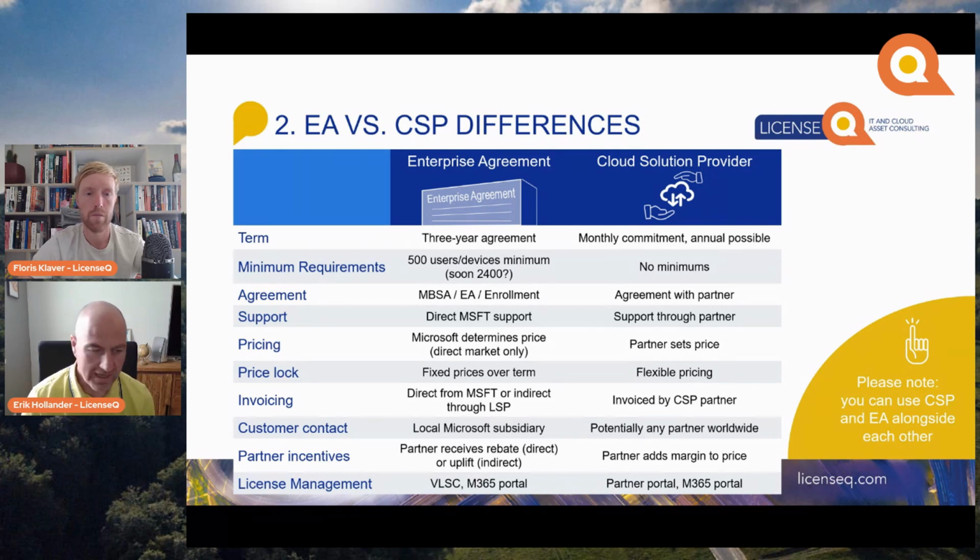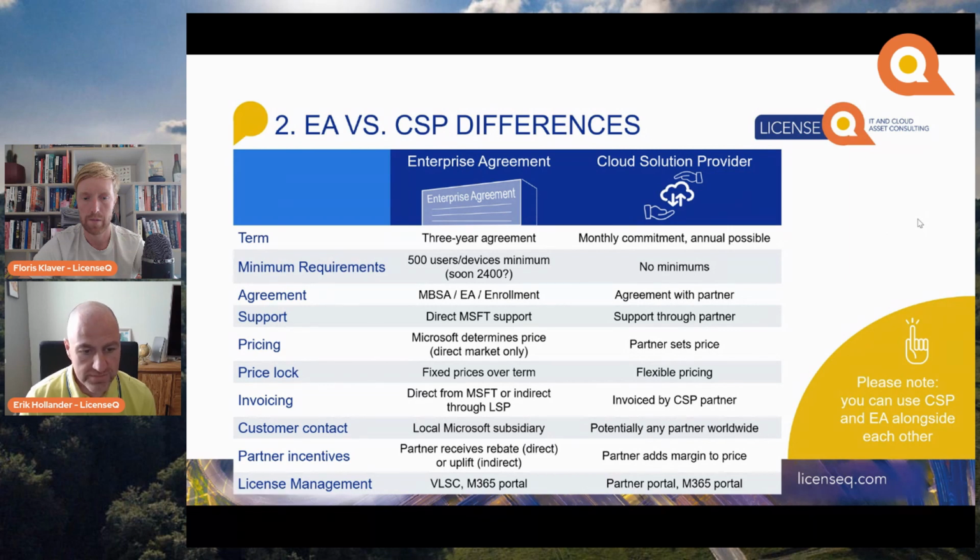So we're going to handle some cases on that later on, but it's very good to be aware that there are different incentives for your partners. And that's why partners are heavily pushing the CSP contract vehicle, as it is more beneficial for them. It gives them more control and margin over you as a client. So that's the reason that partners will probably welcome the news we have coming up in the next few minutes.